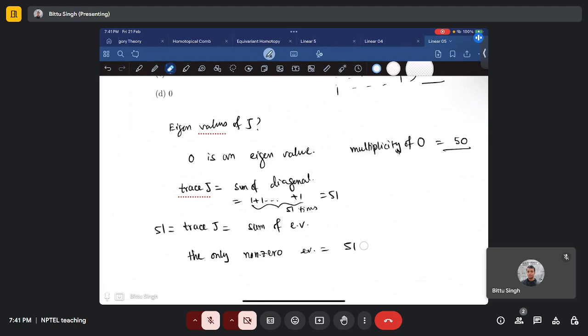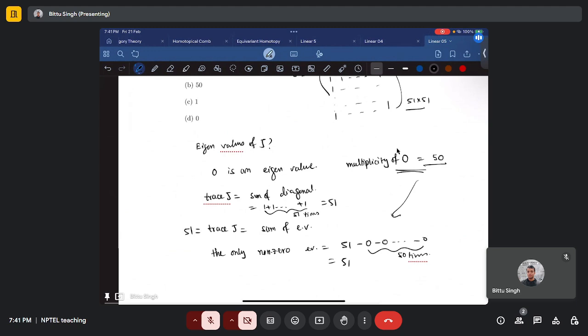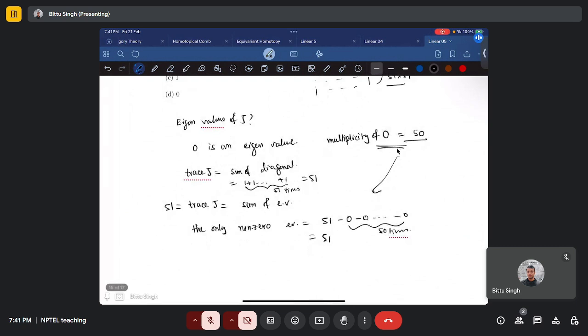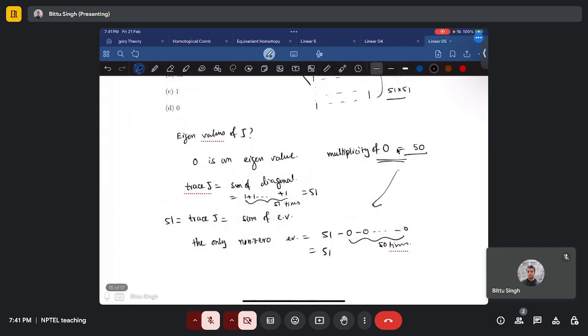All our other eigenvalues are 0, because the multiplicity of 0 is 50. So we just need to subtract 50 zeros, which will not change anything, so we get 51 again. So it is clear that we have obtained all the eigenvalues of J.